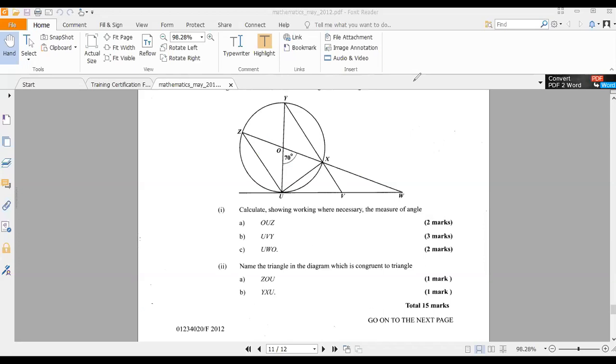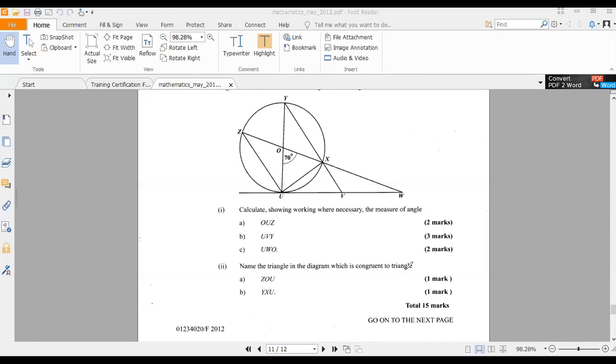All right. Name the triangle in the diagram which is congruent to triangle ZOU. So talk to me, guys. What do you mean by congruent?